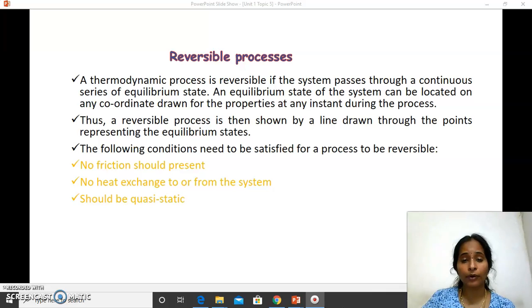If you can go back, if the system or any reaction has the possibility of going in the reverse direction without any traces of that particular reaction, without any effect on the system, then that reaction or that path of the process is called reversible.